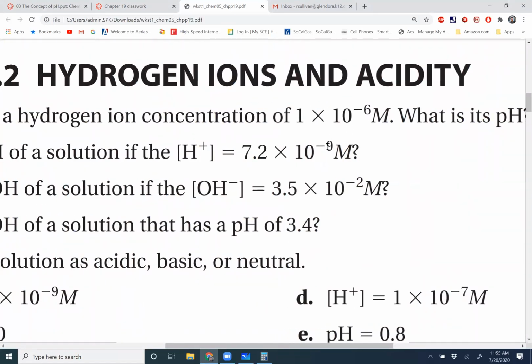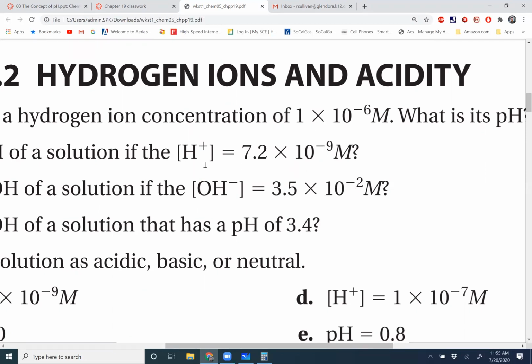That 10 to the negative 9, before we get the exact number, you can think of as a pH of 9. And so this would be a base. And in this case, our pOH would be around 2. So that means our pH would be 12. And so this is probably an acid. You can just look at these numbers and figure out acid or base from there.